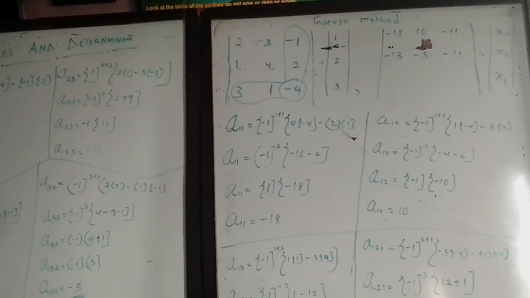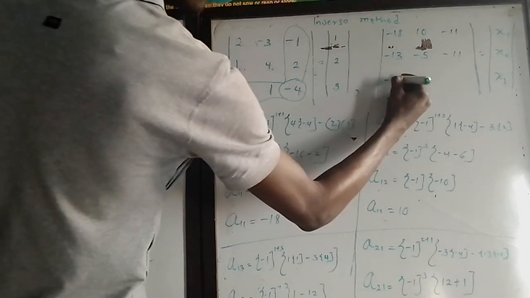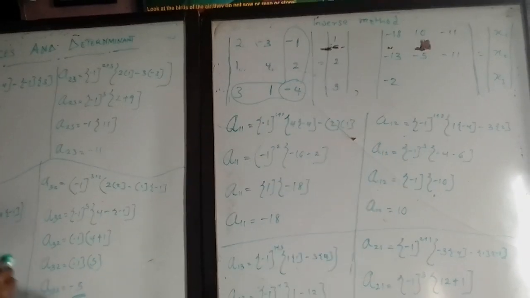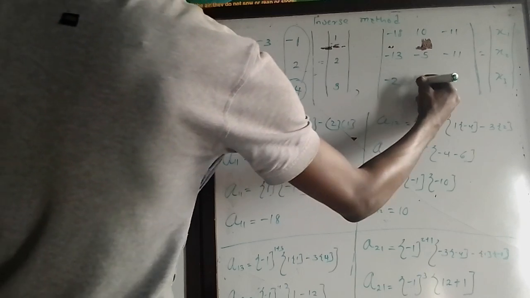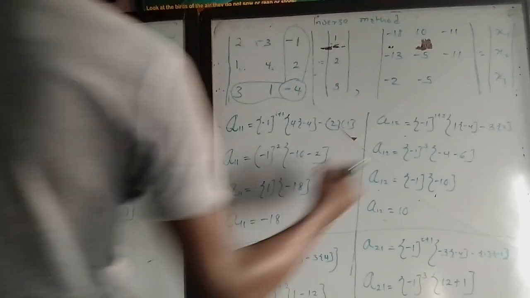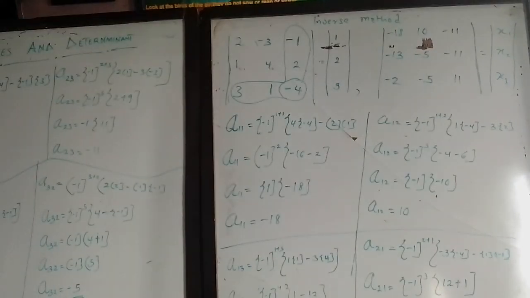Then our A31 is minus 2. Then our A32 is what? Minus 5. While our A33 is 11. So this is how to solve inverse method. So let's continue.